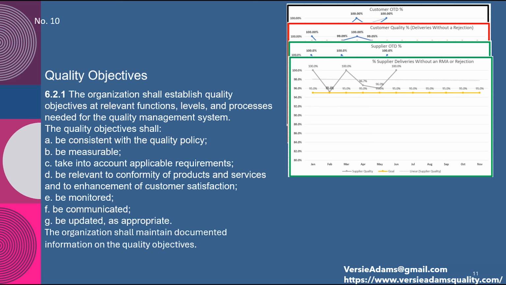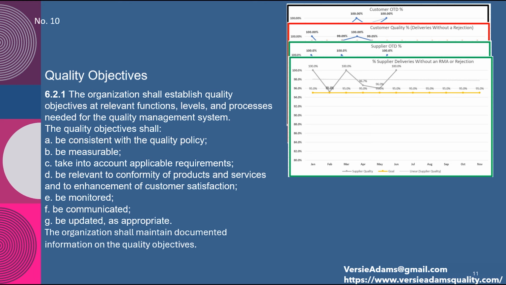So again, as 6.2.1(g) states, be updated as appropriate. In this case, appropriate is on a monthly basis because the organization has stated that they will update the quality objectives on a monthly basis, because you can see it here in the chart. Okay, so make sure that you are in fact doing these.